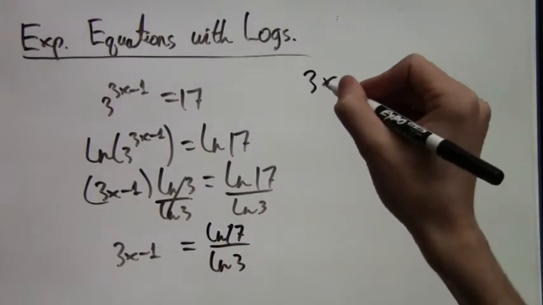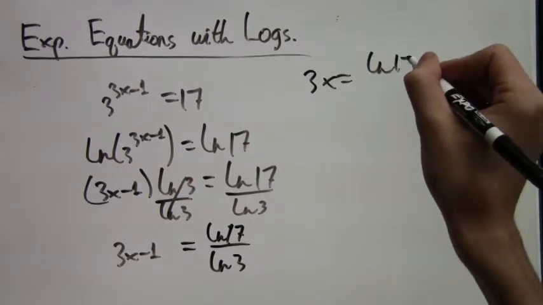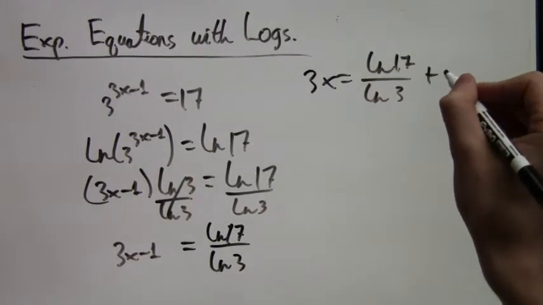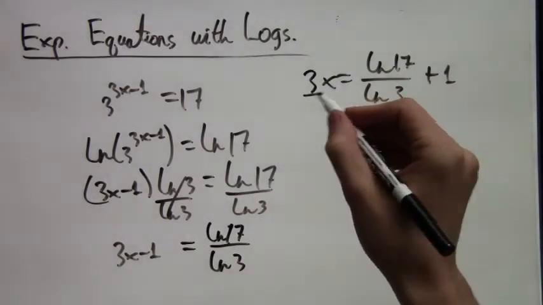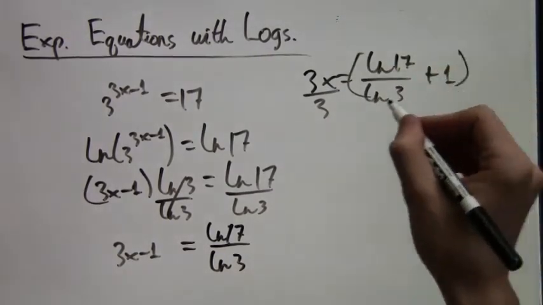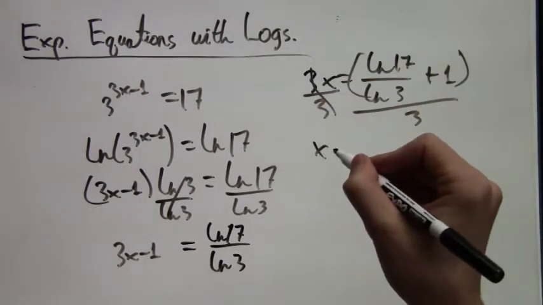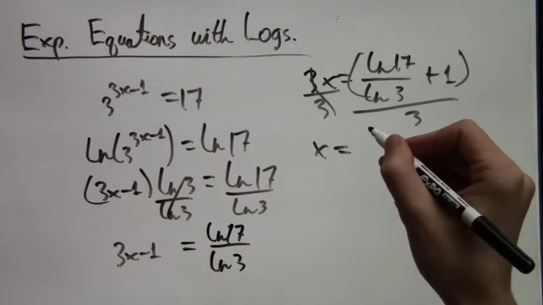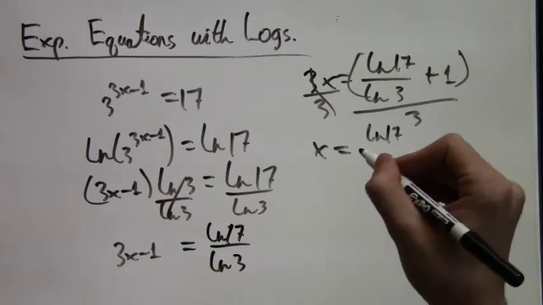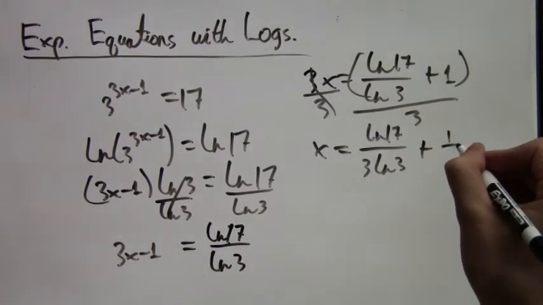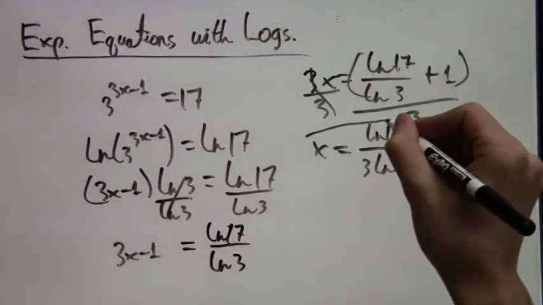Alright, now all I have to do is, first, we add 1 to both sides. Now we have 3x, so we want to divide by 3 on both sides. And as our final answer, we get x equals ln 17 over 3 ln 3 plus 1/3. And that is the solution.